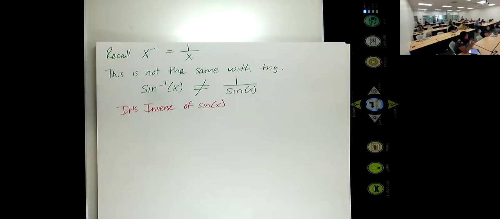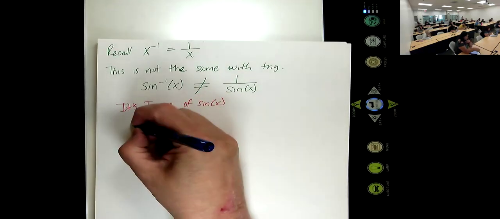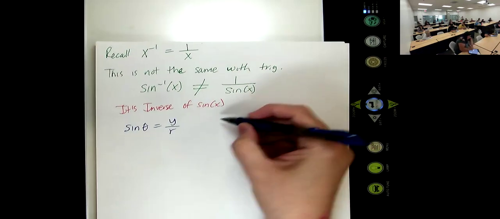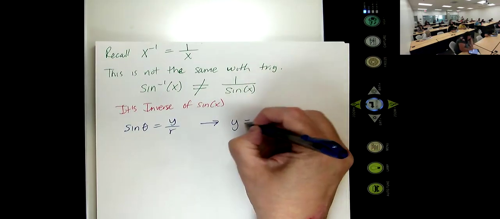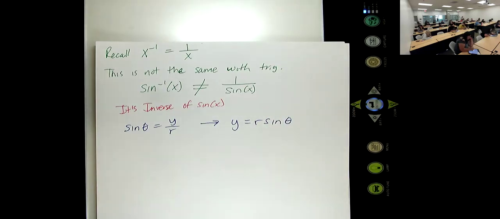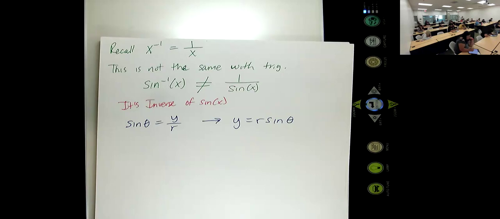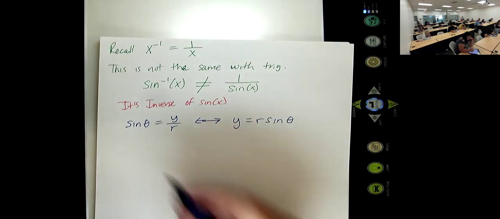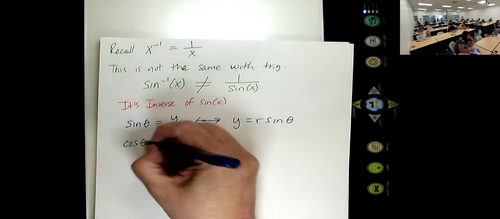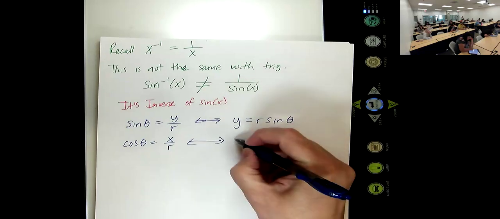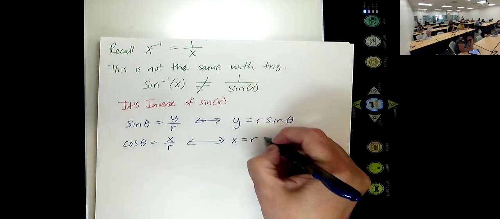And for the next part, I wanna point out something for you. If we have sine theta equals y over r, it means that y equals r sine theta. I'm just clearing the fractions. Does that make sense? And cosine theta equaling x over r means if I multiply both sides by r, I get x equals r cosine theta.